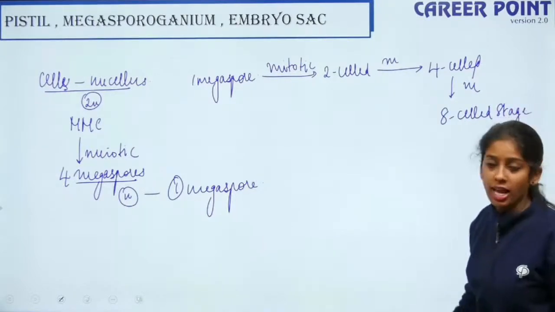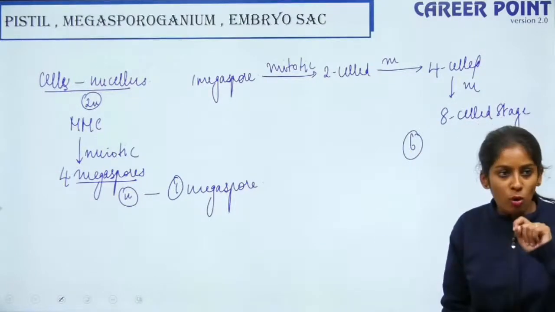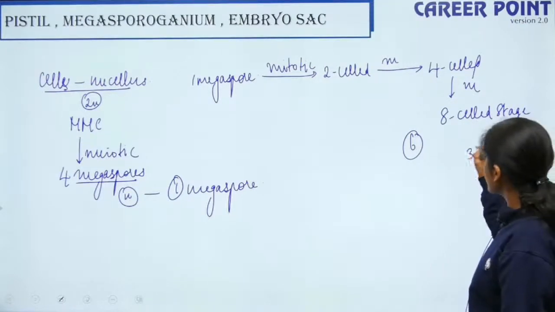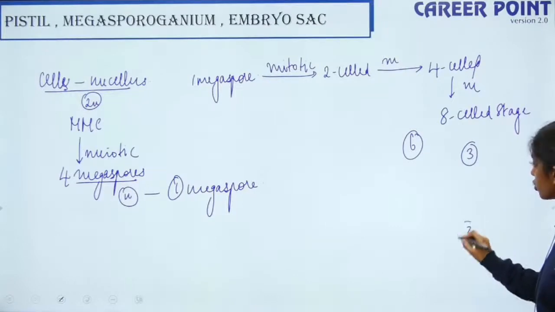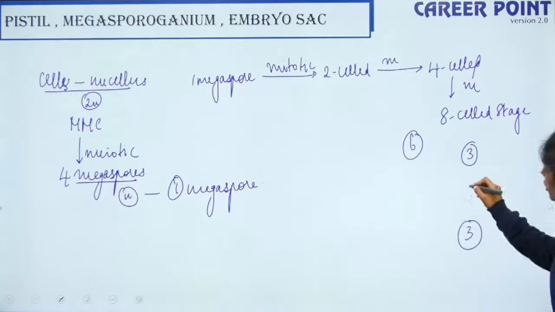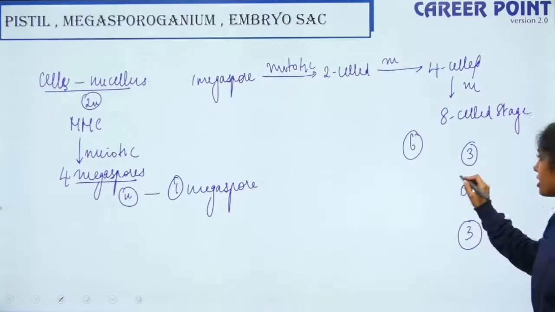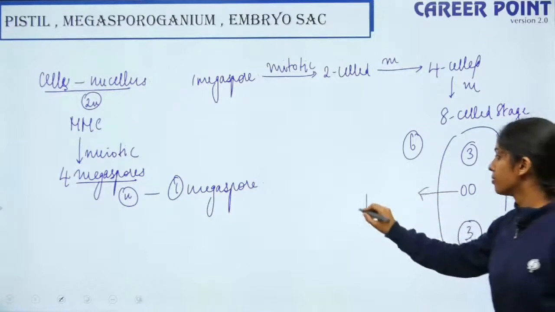Out of this 8 cell stage, only 6 cells have the formation of a cell wall around them. Of these 6 cells, 3 cells are present towards the micropylar region and 3 cells towards the chalazial region. The 2 nuclei present in the center are called the polar nuclei.